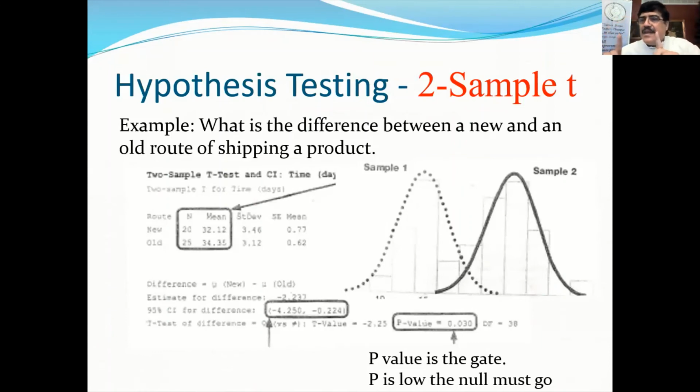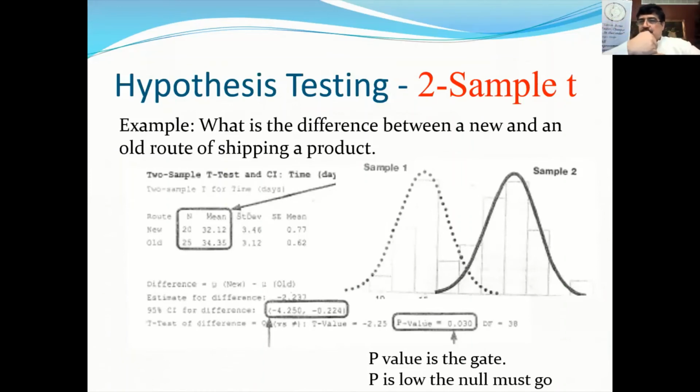You calculate the confidence interval of the first sample, and the confidence interval of the second sample, and if they don't overlap, let's say I'm 95% confident that group A is between 15 and 18, and 95% confident that group B is between 20 and 25. Since these two ranges do not overlap, they're far away, then you say, I can reject the null hypothesis, and these are coming from two different distributions.